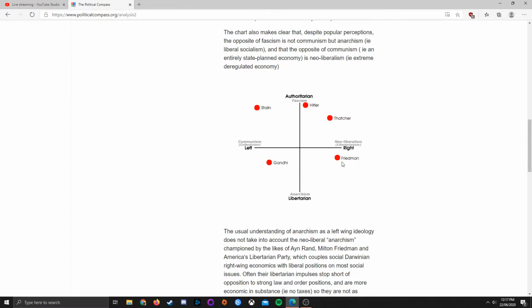Last one, you might not have heard of this guy. This is Milton Friedman. He was a famous economist. He developed the Chicago School of Economics, which was still is quite a free market way of thinking about economics, but also quite a liberal way of thinking about economics.